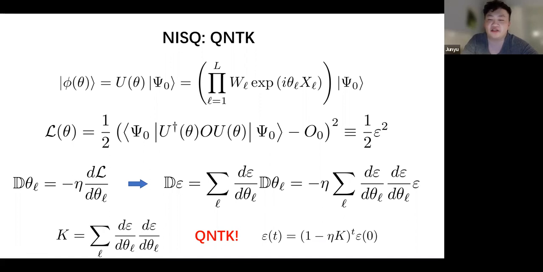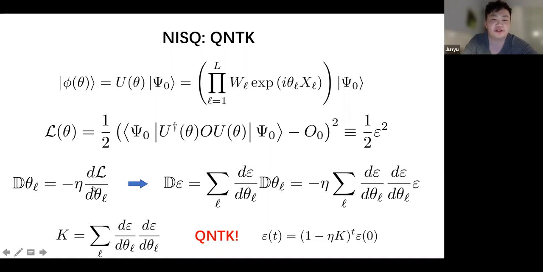This is a term from linear regression, which is basically the difference between the prediction and the answer. Here the prediction is the expectation value minus the constant. So this is the definition of the loss function. And this fancy D in this equation is the difference of a variable between two different time steps.